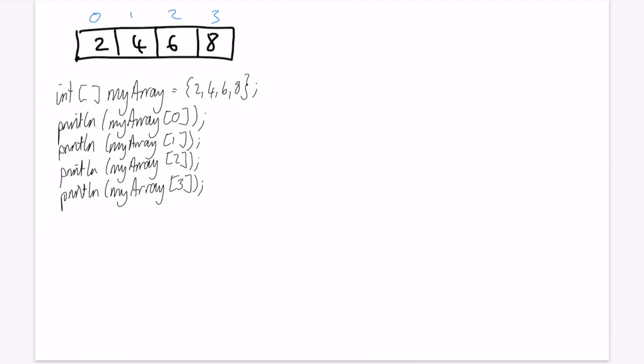Now there's only 4, so it probably doesn't seem like a huge problem to print out 4 lines. But when my array becomes thousands of items, I'm not going to sit and type out print my array item 999.